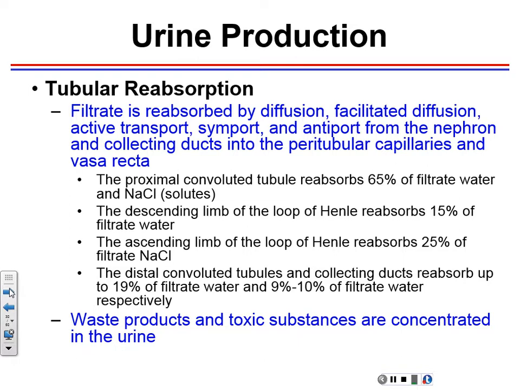Okay, so tubular reabsorption, most of it is reabsorbed, okay? And I'm going to go through quickly because we talked a lot about this, and I'm going to show you the different transport mechanisms that go through the luminal membrane or apical membrane and the basolateral membrane, okay? And those are symporters. You know symporters, right?